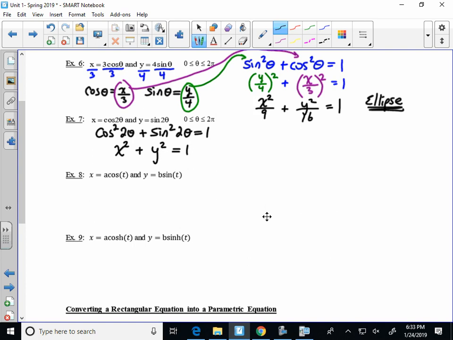So then we get to this bad boy here. And if you follow what we did in example 6, you can see it's really no different. Because you could actually just jump right from here to the final answer, because what happened, we had the x. Once we divided that by the coefficient of the cosine function, that squared gave us the first part of our ellipse model. So same idea here. It would be x over a squared.